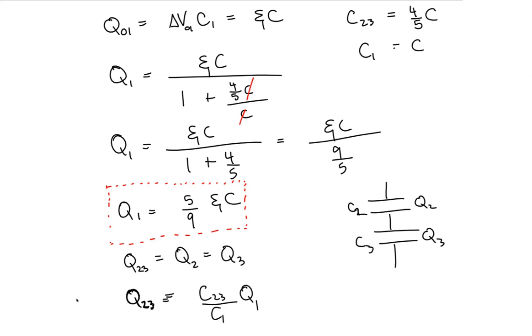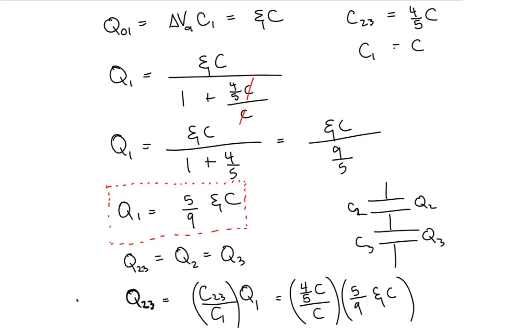And we know that C23 was equal to 4/5 C over C. That is this ratio right here times Q1, which is 5/9 the EMF times capacitor C. So this 5 cancels with this 5.